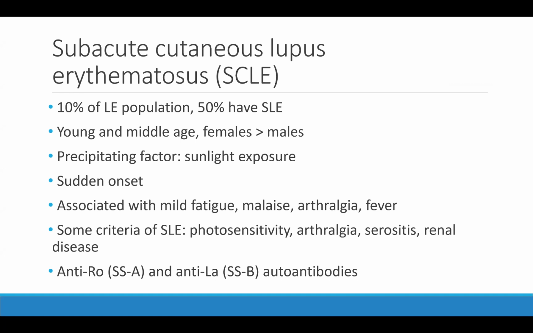It is usually sudden in onset and associated with mild fatigue, malaise, arthralgia, and fever. Patients usually have some criteria of SLE, such as photosensitivity, arthralgia, serositis, and renal disease. Patients can also have the presence of anti-Ro and anti-La autoantibodies.